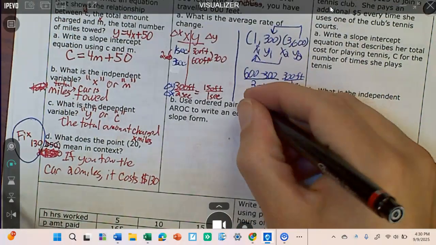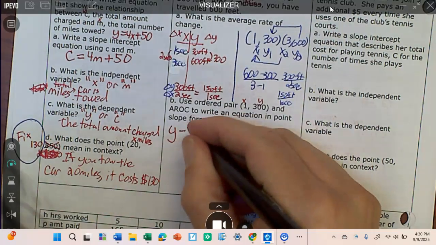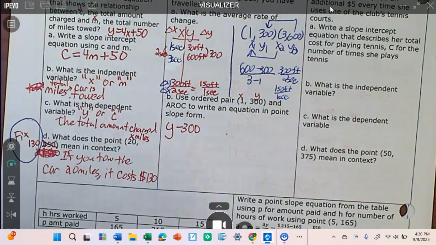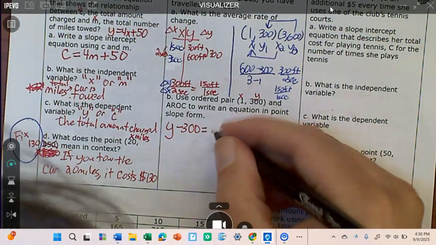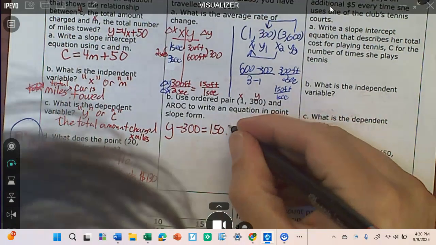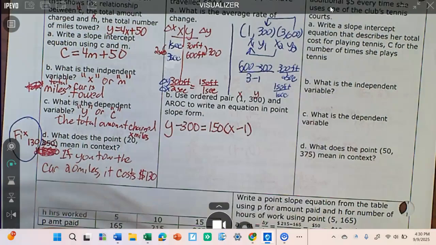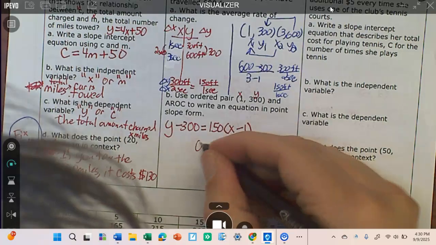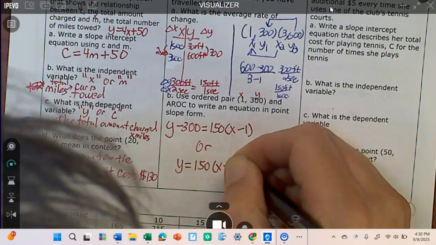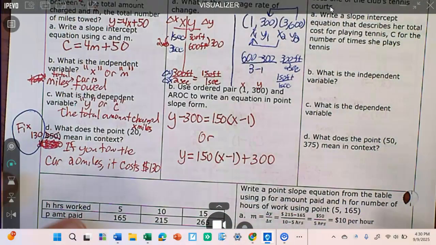So this is X, this is Y. So Y minus 300 equals the slope 150 times X minus 1. Or you could add that 300. It's up to you.